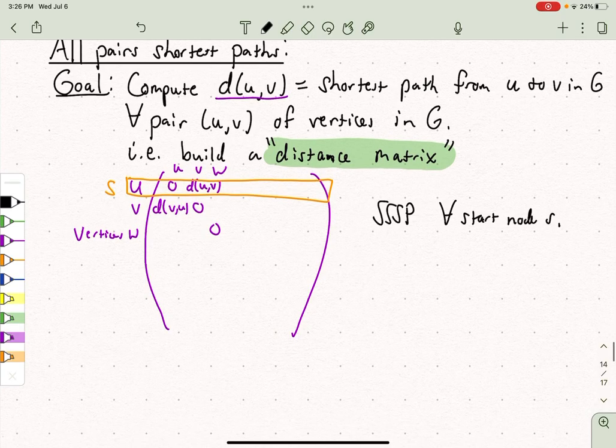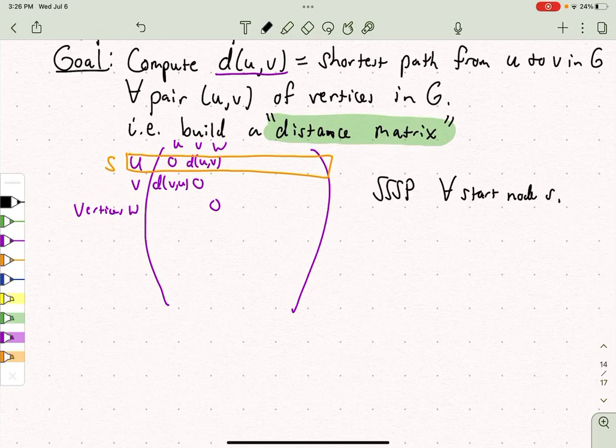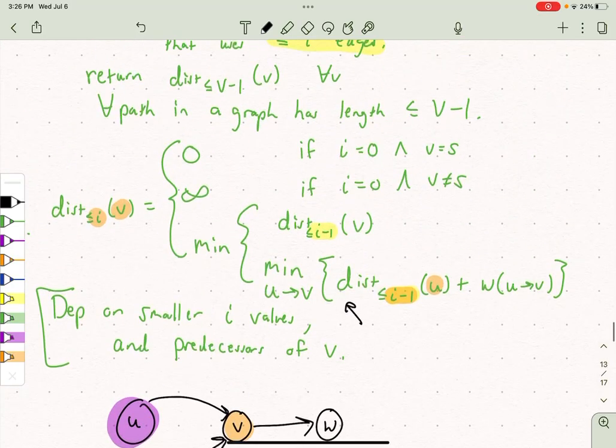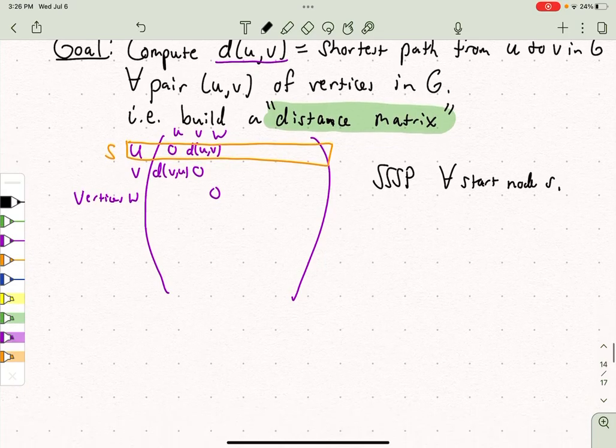So here we're going to consider one way to solve this problem using a combination of divide and conquer and dynamic programming. In particular, we're going to do something very similar to the previous recurrence, but instead of looking at the last edge each time and recursing to the previous predecessors, this time we're going to try a divide and conquer approach.